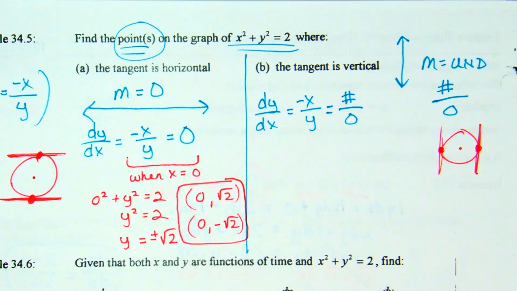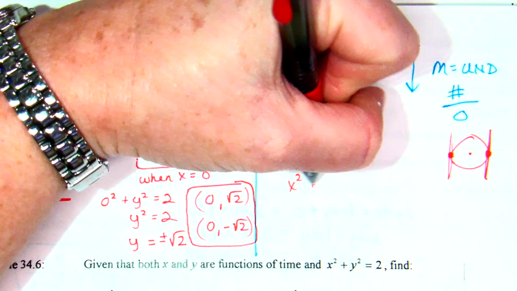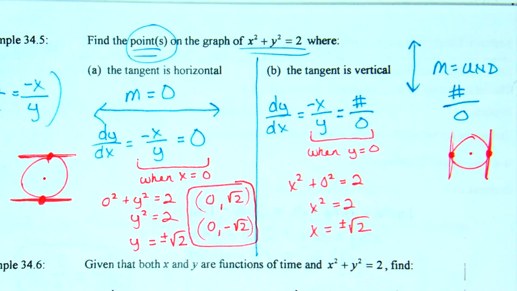We're looking for whenever y equals 0. If you do the same process you did last time, or as several of you have already figured out the order of pairs, I get it. But you can set in x squared plus 0 squared equals 2. So x squared equals 2, and then, of course, take the square root. X is plus or minus the square root of 2.